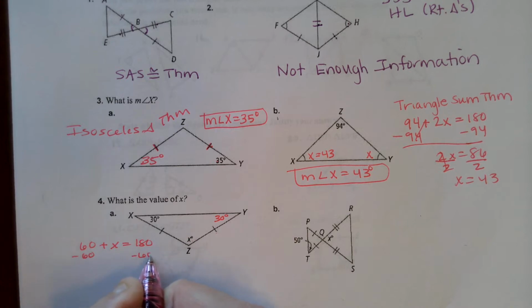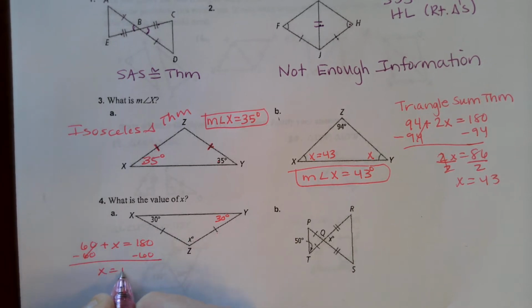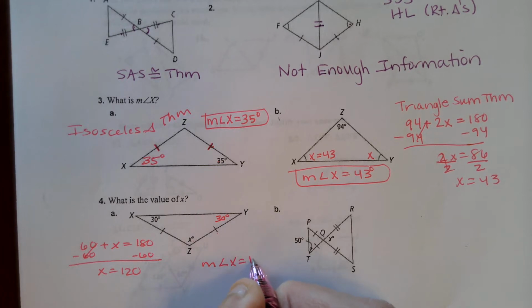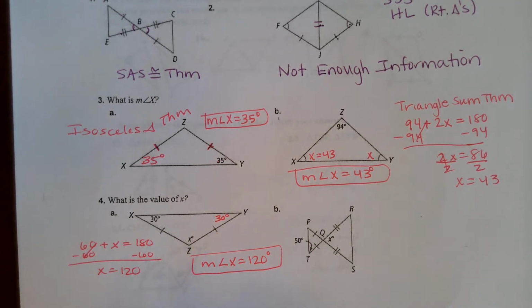Subtract 60, and I now know that the measure of angle x is 120 degrees. Actually, that's a lie. That's the measure of angle z. They trick you, don't they? Look at that. X degrees and angle z. We'll talk about confusing. All right, let's get rid of that. X equals 120.